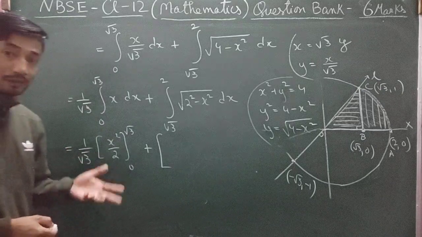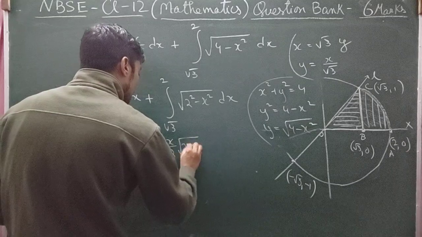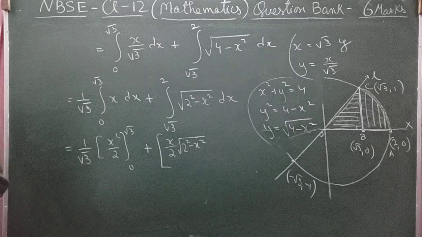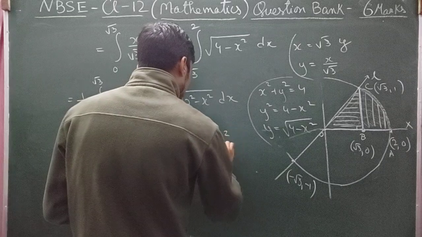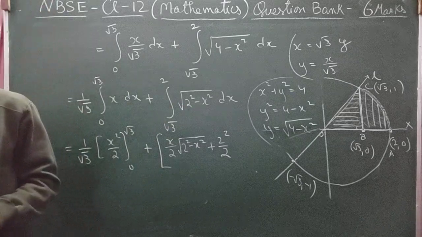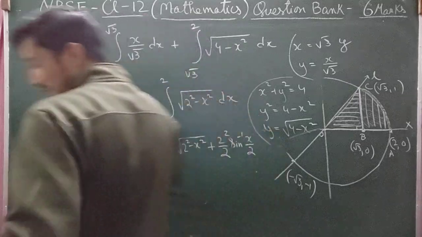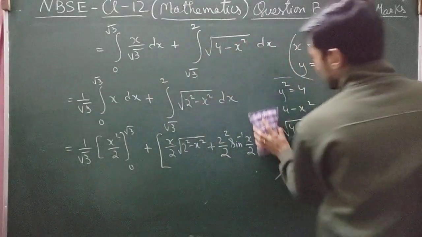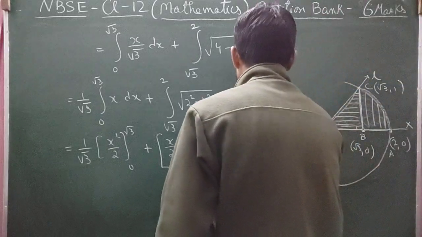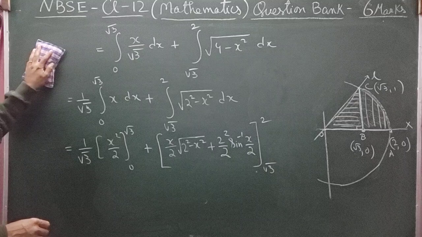What was that? x by 2 root over of a square minus x square plus a square by 2, because our value of a is 2, sine inverse x by 2, within our interval root 3 to 2. I guess this is done.